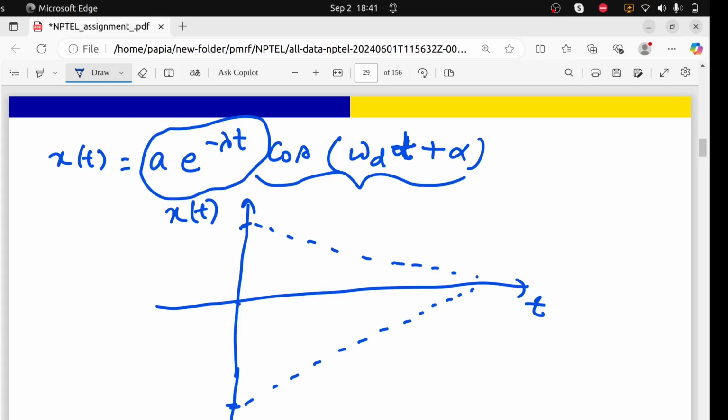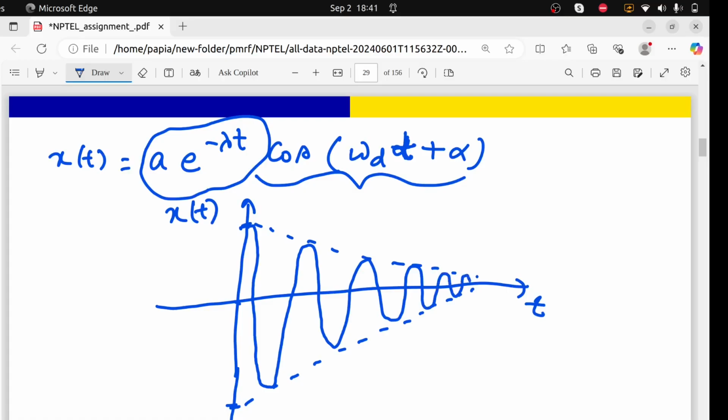If t is 0, then e to the power 0 is 1, so that means a cos alpha. That means it's a cos function. But as time increases, the amplitude will deplete, and it will go to 0 at infinity. So this type of plot will be there.